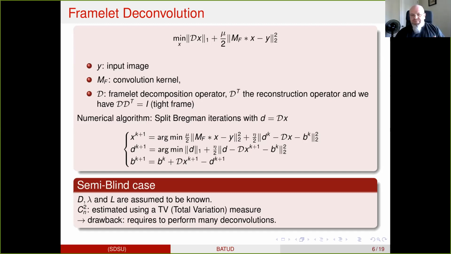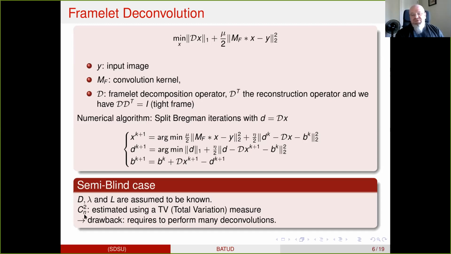Capital L, which is the distance between you and the target, it's also pretty okay to assume that it's known, because usually when you have an imaging system, it's supposed to work for a certain range of distances. And eventually, even if it's not necessarily a good idea for military application, you can also use a laser to measure the distance. So that could be an option too. So D, lambda, and L, it's not very bad to say that we are assuming that those parameters are known.